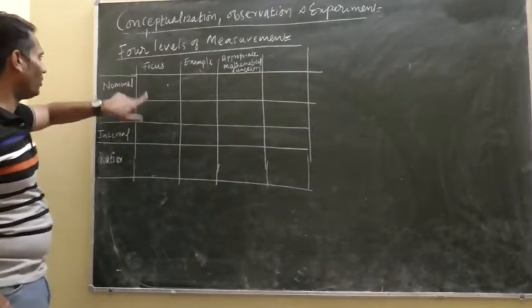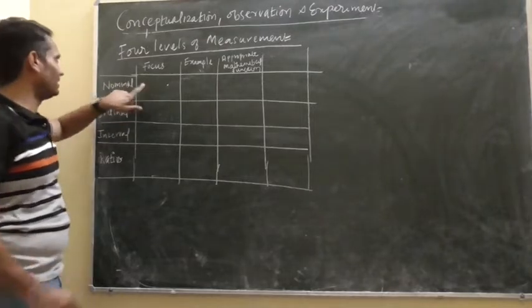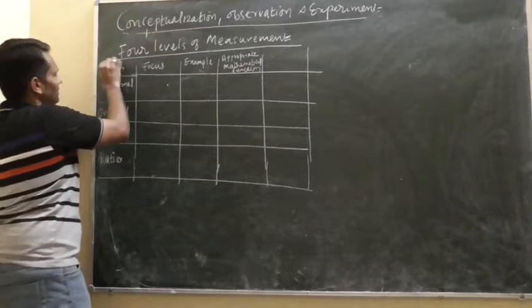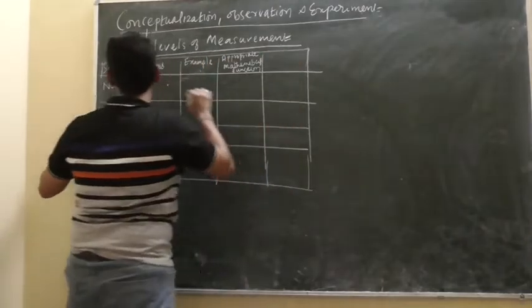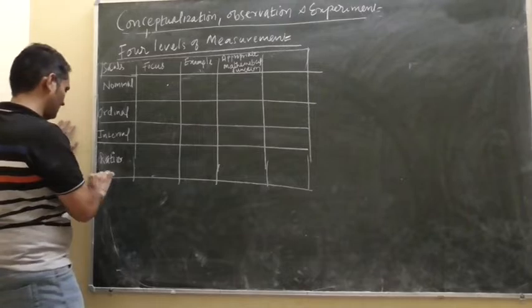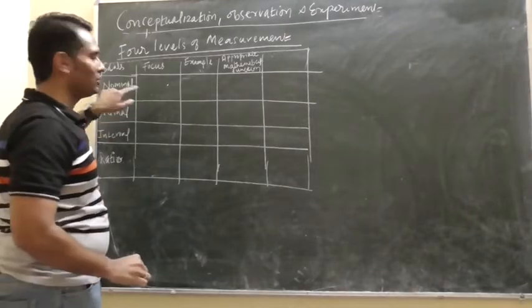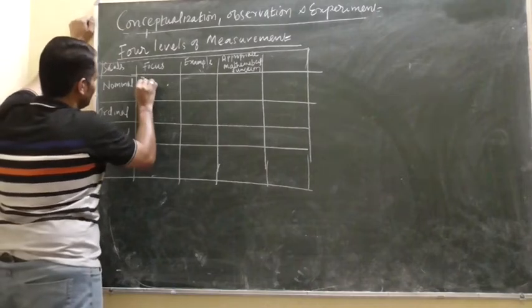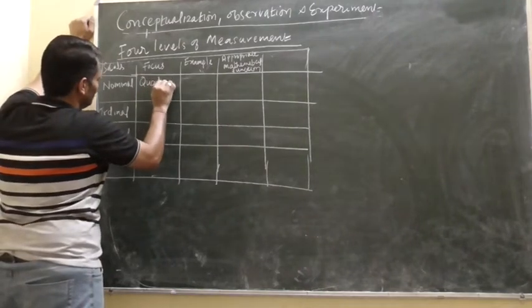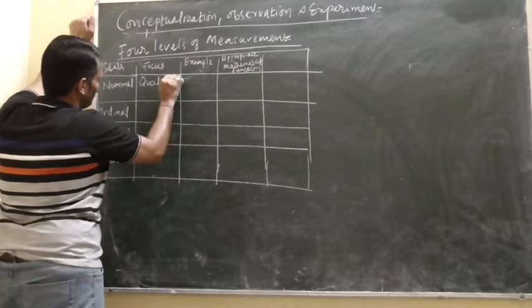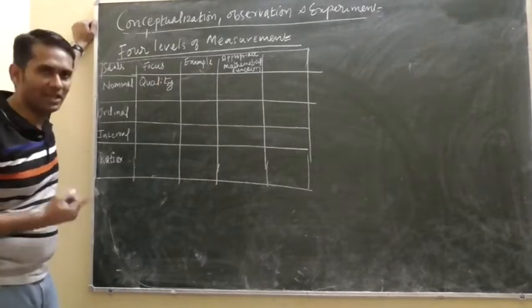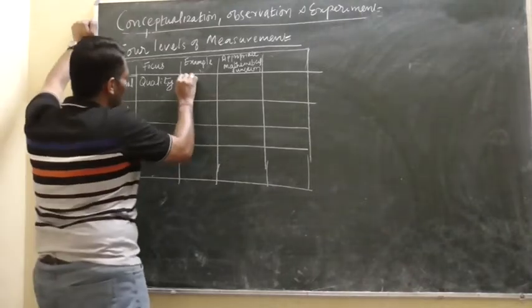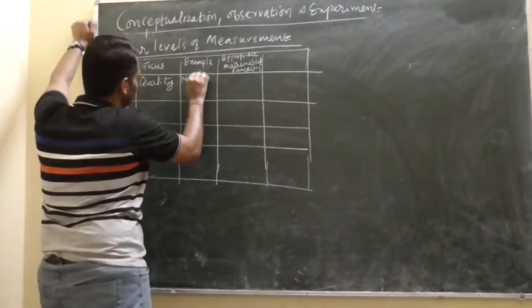The first idea of the nominal scale is that it focuses on quality. The quality in terms of, for example, what is your nationality?